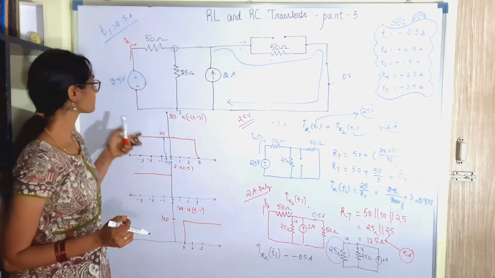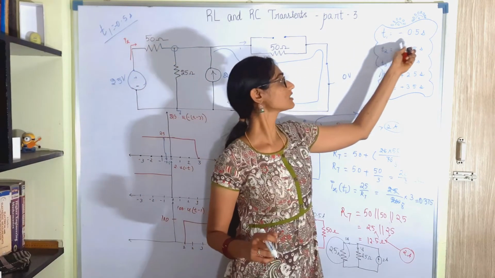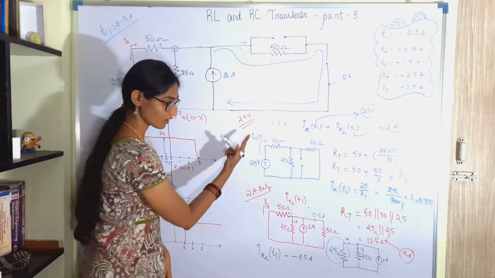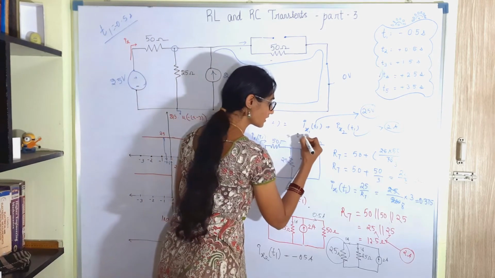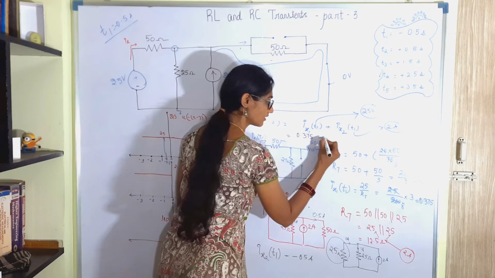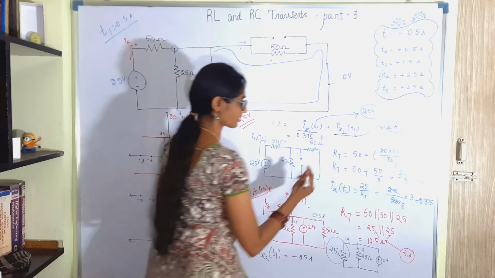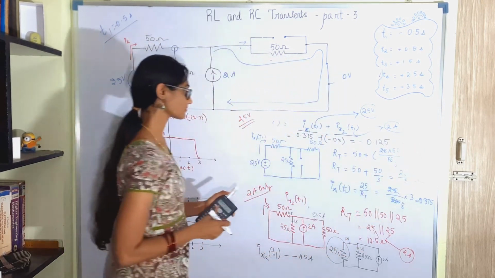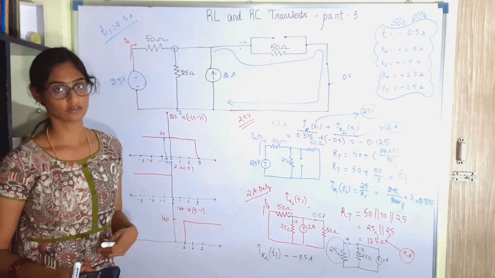We have found the value of Ix at time t1 of minus 0.5 seconds. It is Ix1 plus Ix2. What is Ix1? Ix1 is 0.375 plus what is Ix2? Ix2 is minus 0.5. This is the value of the current Ix of T1.